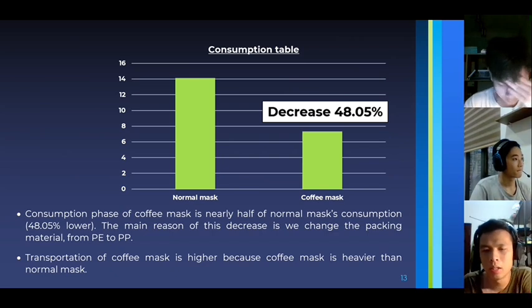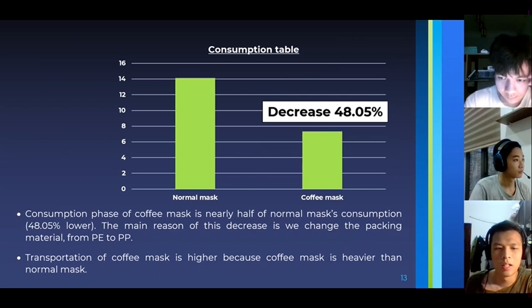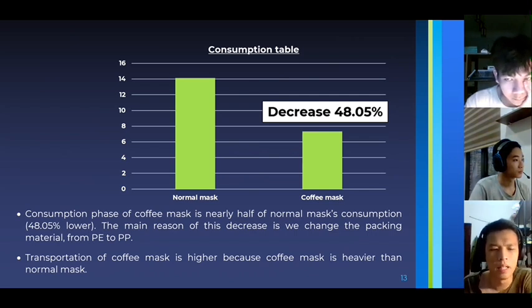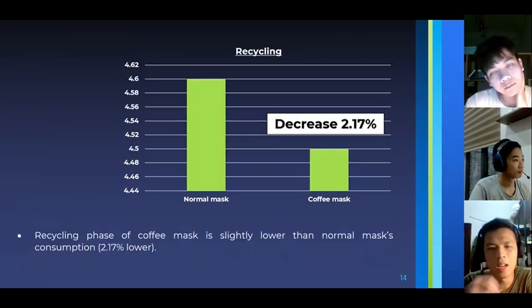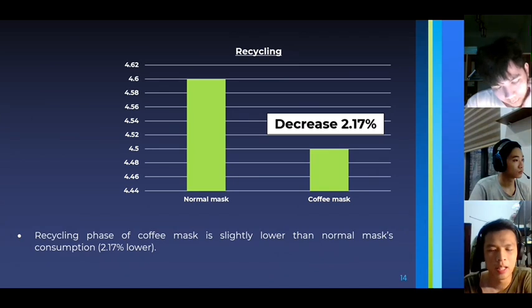The coffee mask decreased 48.05%, because we changed the packing material from PE to PP. And the last part is about recycling. Here the coffee mask point is only slightly lower than the normal mask, only 2.17%.